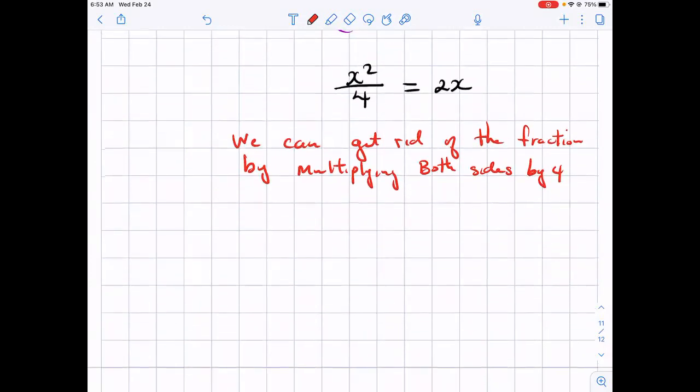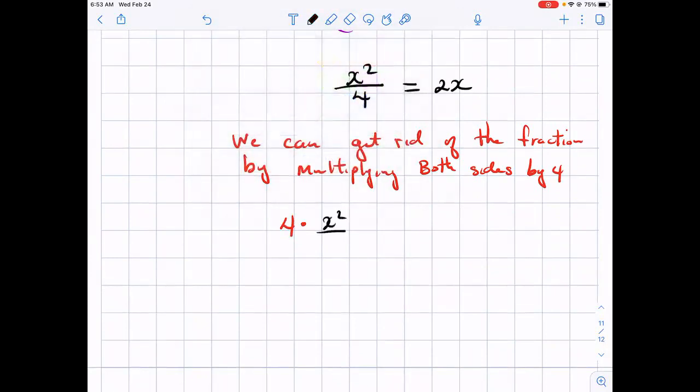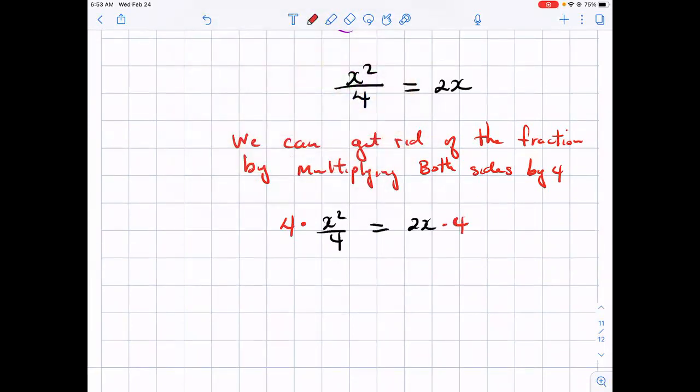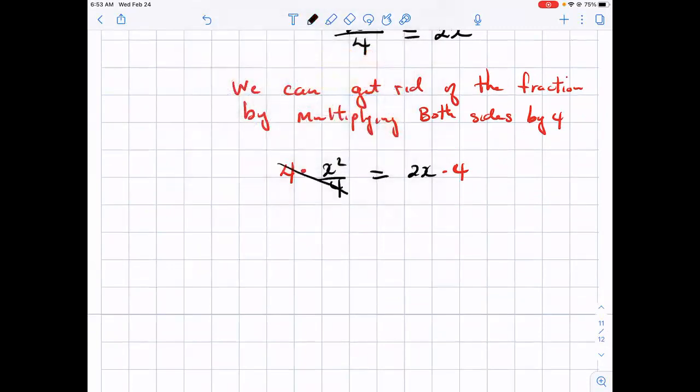So keep in mind, if you do 4 times x squared over 4 equals 2x times 4, then this cancels, so you have x squared is equal to 8x.